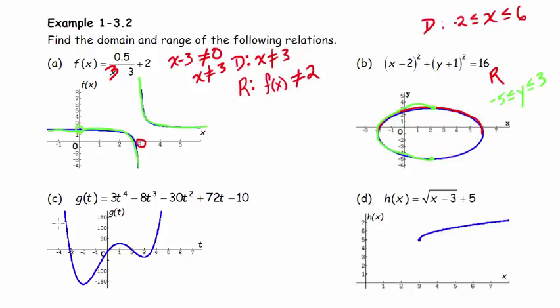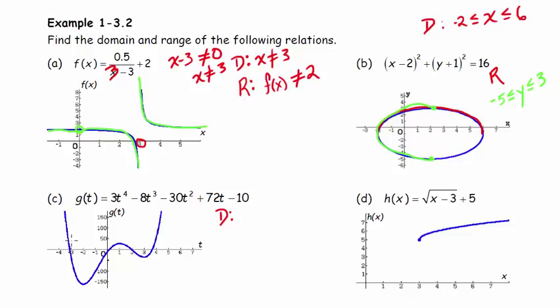Now, this one here, this one's going to be tough. We're going to use our technology to help us here. I have this function. When I'm thinking about domain, I could plug absolutely anything I wanted in there for t. There's no restriction on the function. I don't have to worry about something getting too big or dividing by 0 or taking the square root.